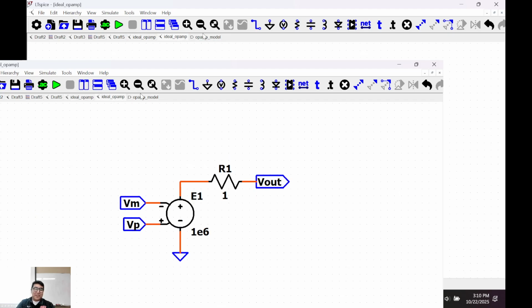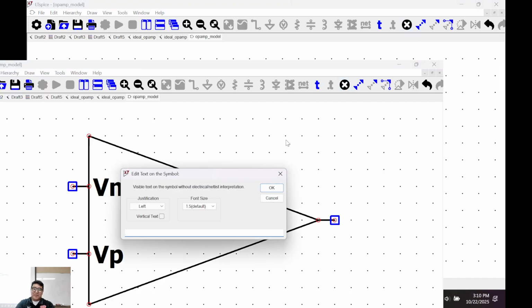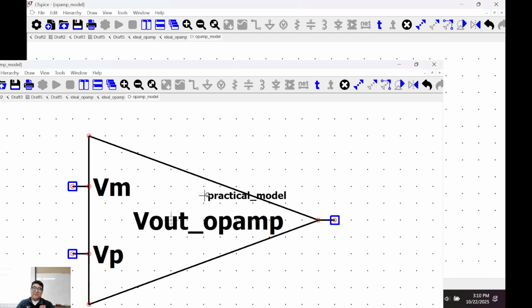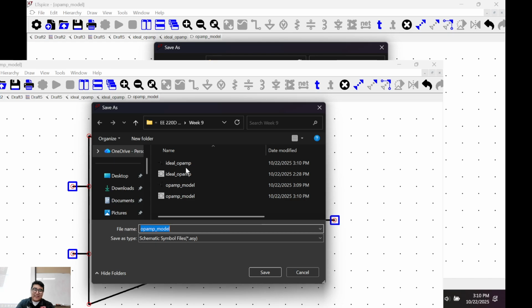Does it bother anybody if I do the following? This here is our model. I'm going to add a text and call this one the practical model, and I'm just going to put this in small font. Is that good? Control S. I'm going to save this as our ideal symbol.